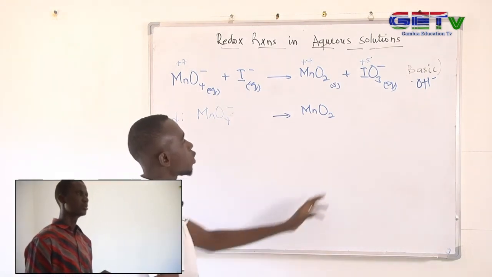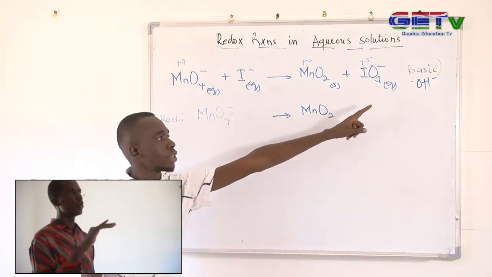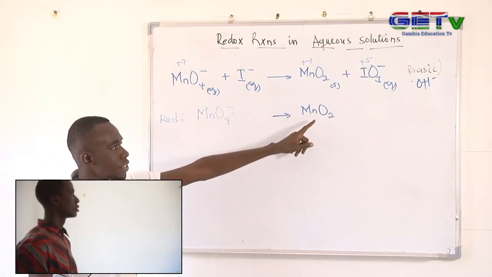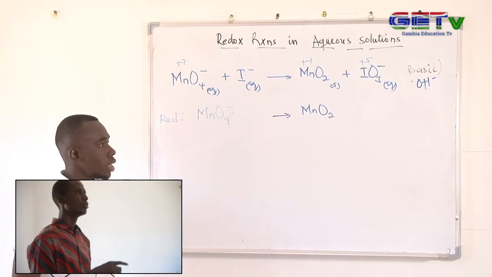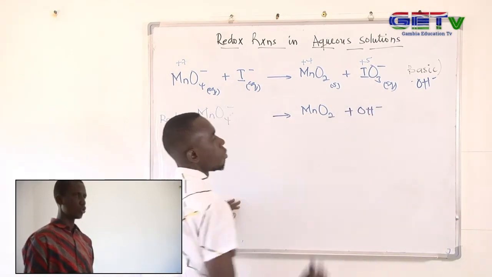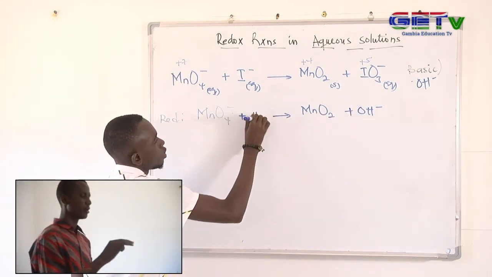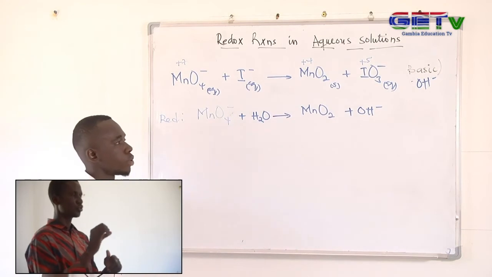We always add hydroxyl ion to the side deficient in oxygen, which means this side will be OH minus. And if that's the case, we must add here also water molecules.